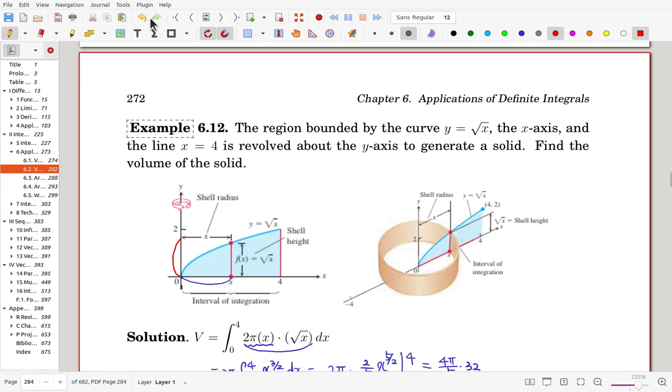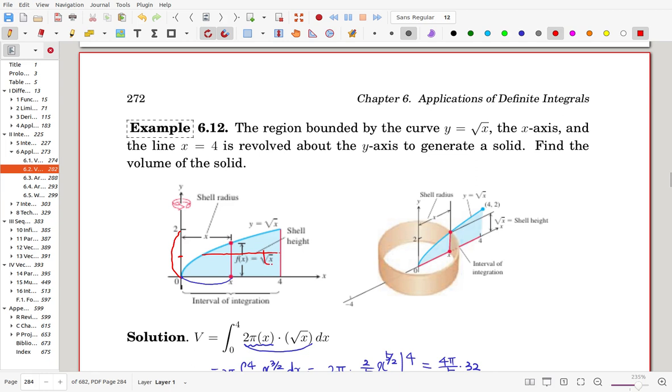For each y, the line segment is rotated about the y-axis, making a washer.